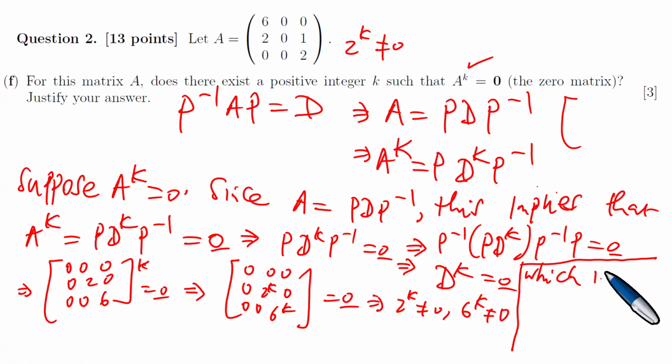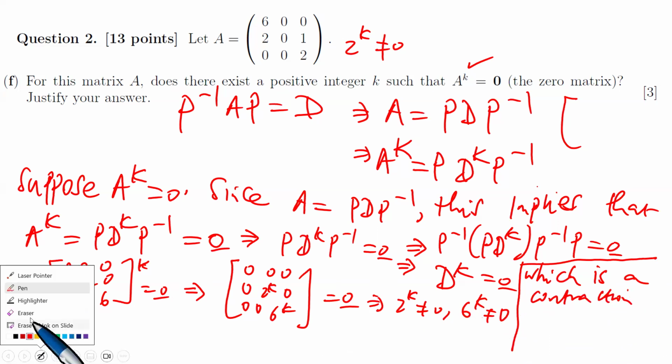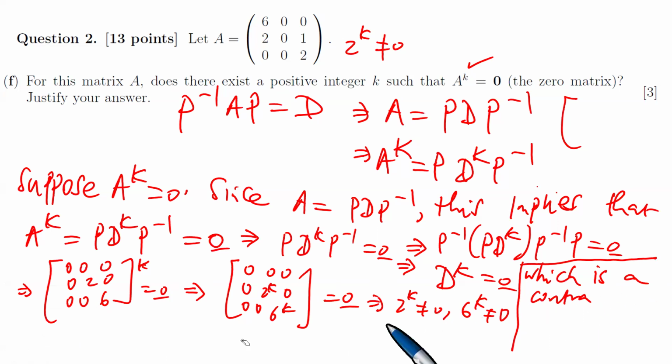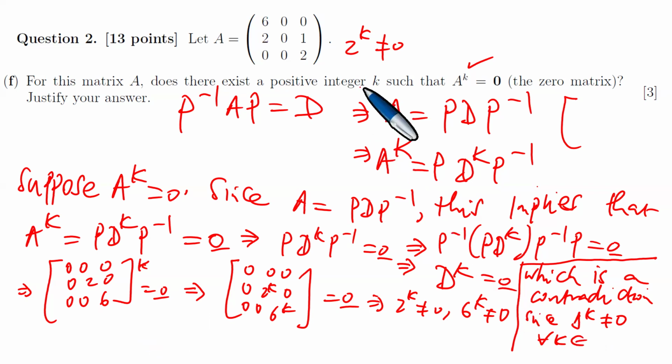Yes, we tried to show that it's 0, but it's not true. Which is a contradiction, since d to the power k is not 0 for all k in the positive integers.